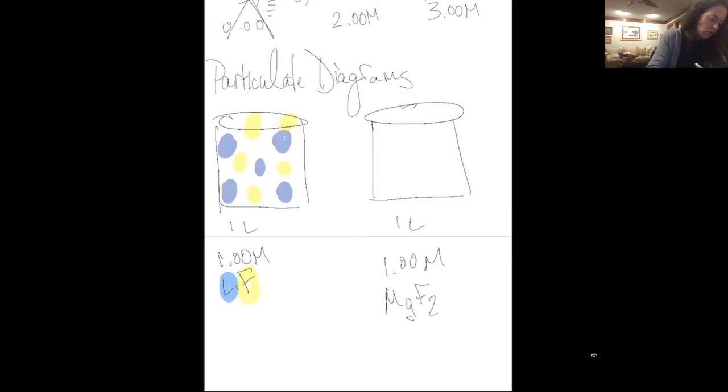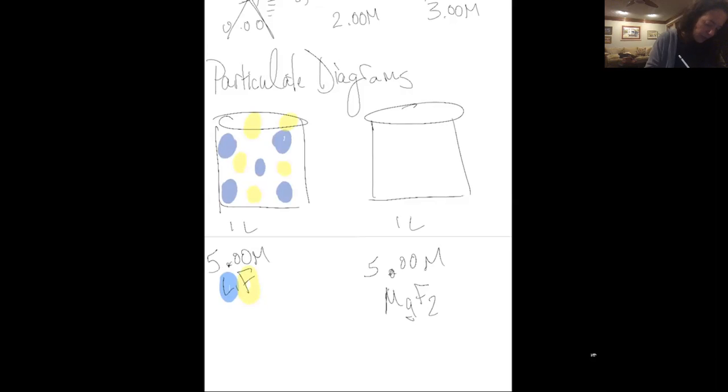I'm going to actually change this to make this 5 molar because that only makes sense. And I'm going to do the same over here. Okay, I made a mistake. I should not have chosen 1. So I'm going to make them both 5.